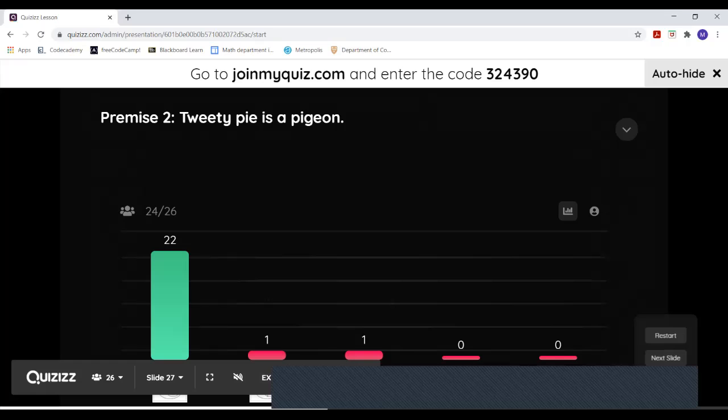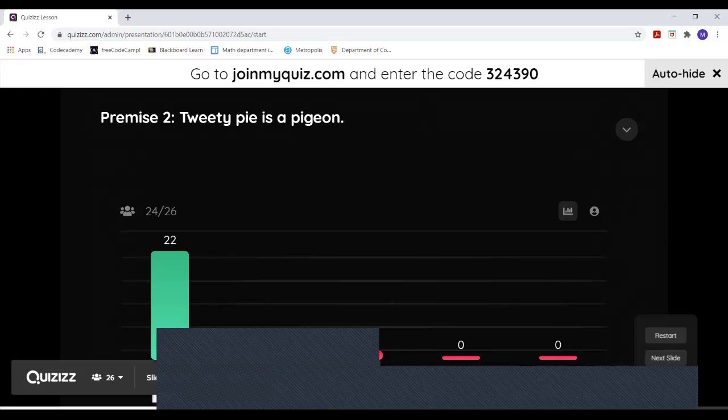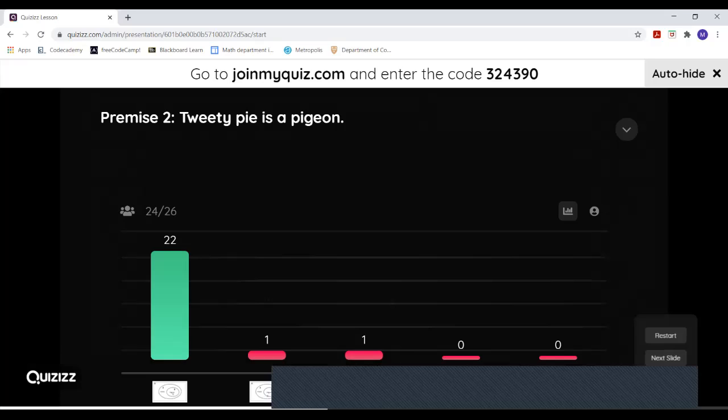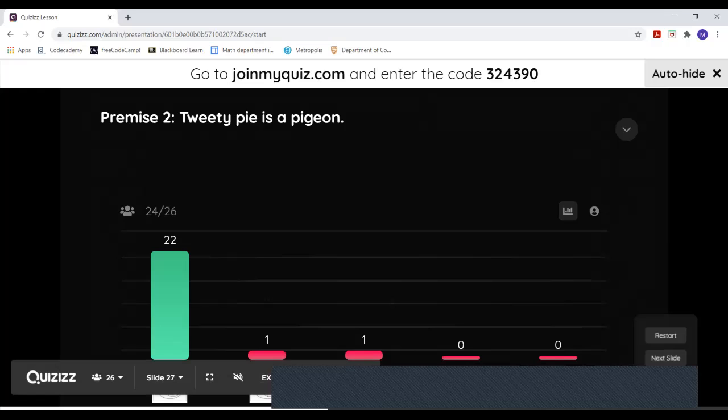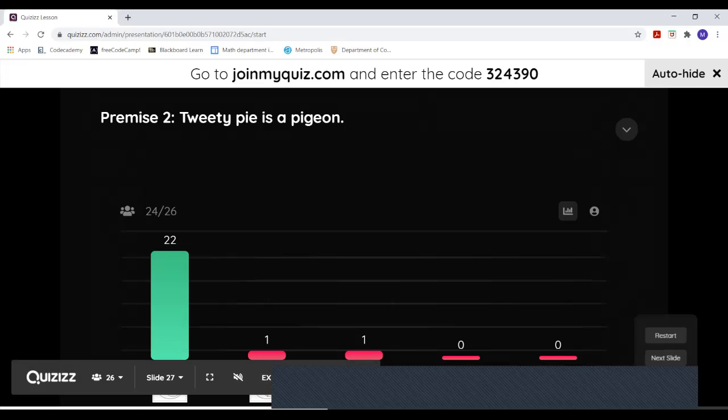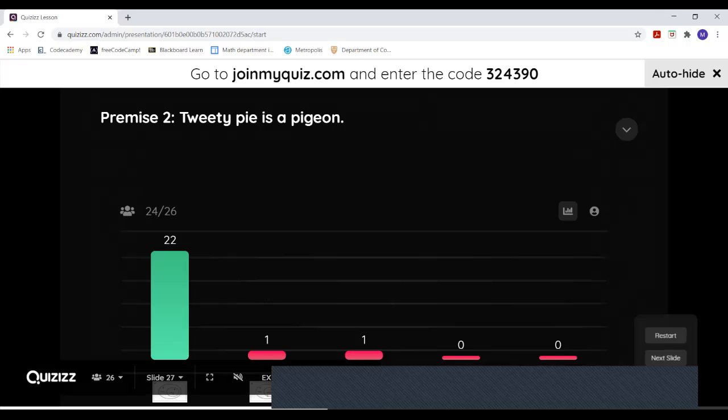I like that someone answered this one, because it looks like it almost guarantees that Tweety Pie is a pigeon, right? But it could also be on the outside. If you put it on the border of a circle, that literally means we don't know if it goes in the circle or outside the circle. It could be either way. So this picture could possibly be this picture over here. This X could potentially be either this one or this one, is what that thing in the middle means. It means we don't know.